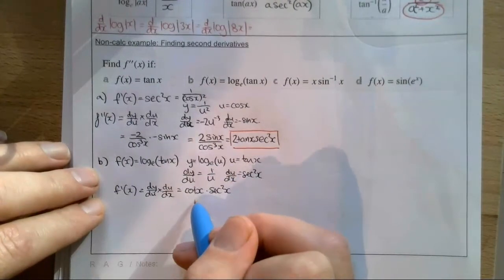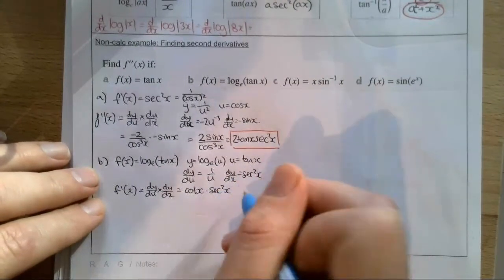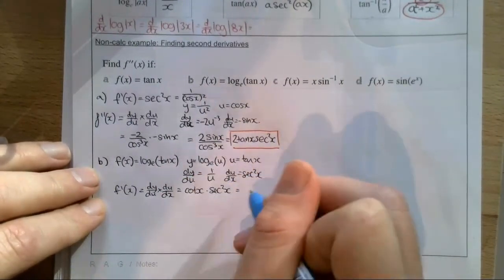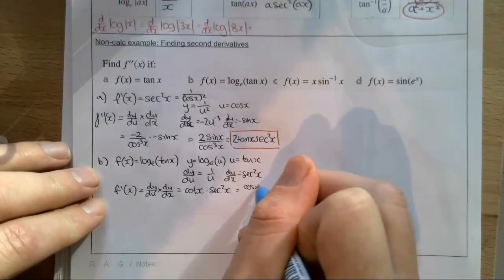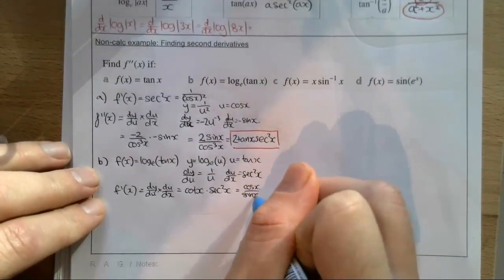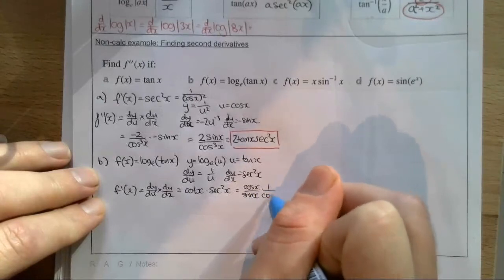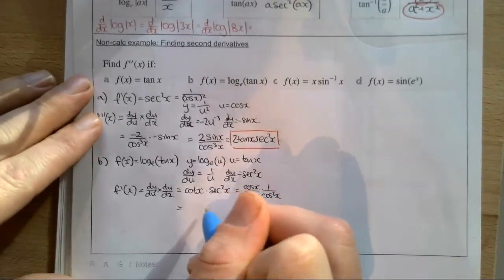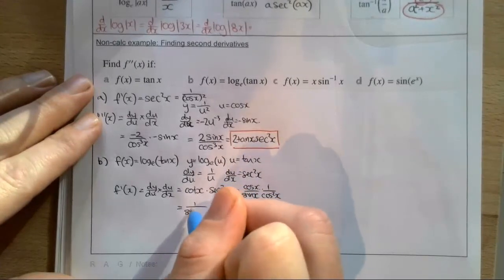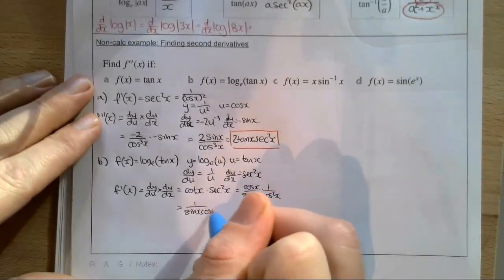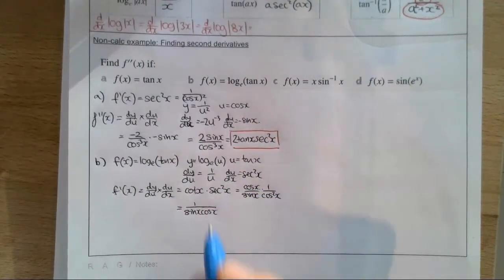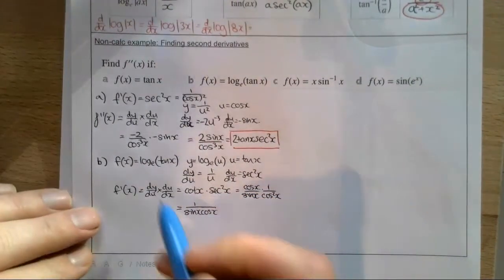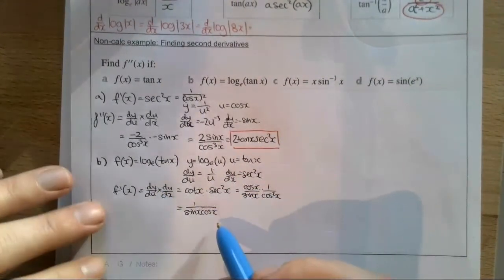So this is cos over sine, and this is 1 over cos squared. So cos x over sine x times 1 over cos squared. And actually, if I simplify this, this is the same as 1 over sine x cos x. Now, in the worked solutions in the back of the textbook, you'll see a couple of different strategies for doing this.